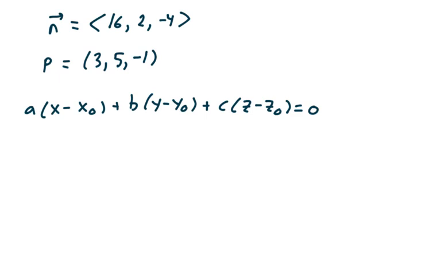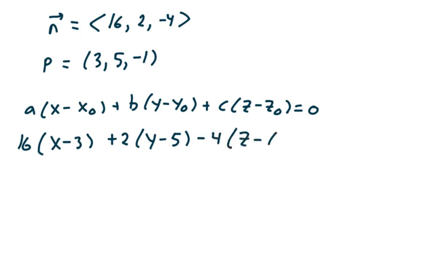That's the equation of a plane in general. A is 16. So I'm going to take 16 times x minus 3 plus 2 times y minus 5. C is negative 4. So minus 4 times z minus negative 1. And I'm going to set this equal to 0.